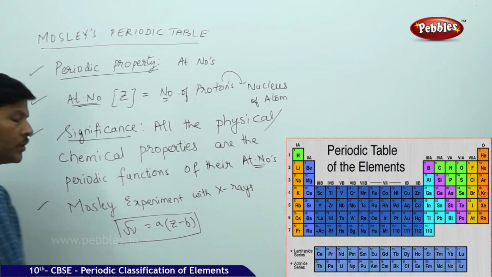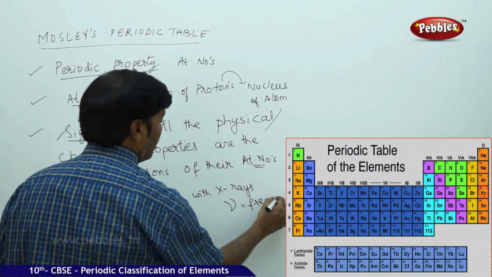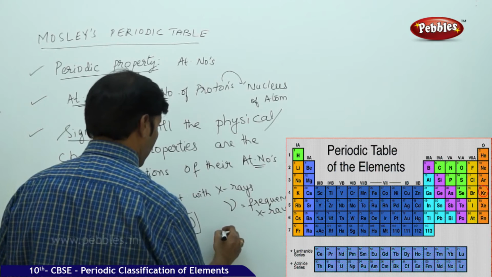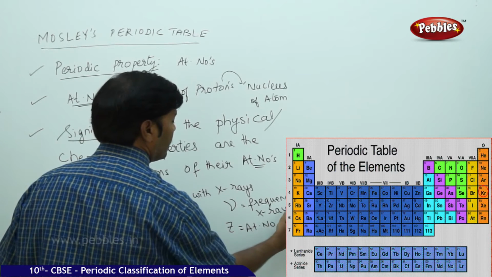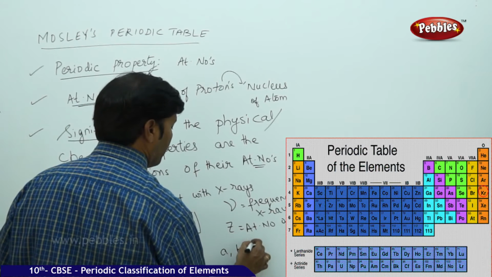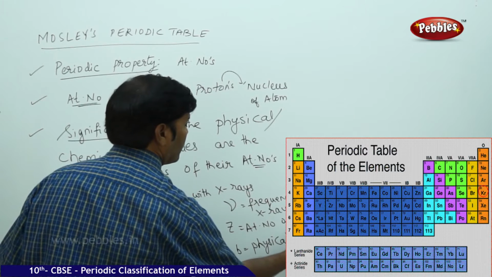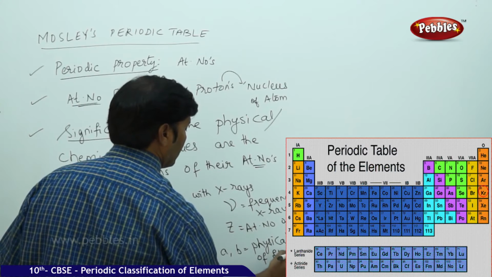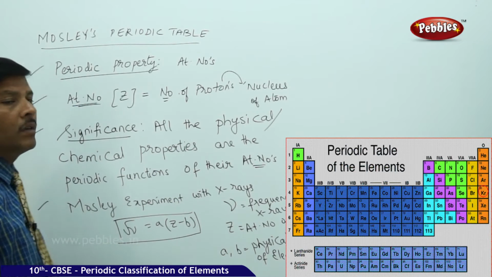This is the mathematical expression where mu is the frequency of X-rays, Z is the atomic number of the element, and A, B are the physical constants of the element.